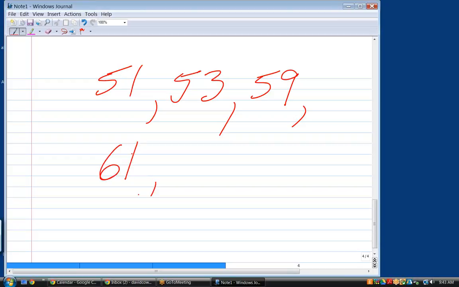That's prime. 63. 63 adds to what? 9. So it's divisible by 3 and by 9. In other words, if digits add to 9 precisely, then it's divisible by 9. So 63 is not prime. 67. That's the next one. Yeah. All right.